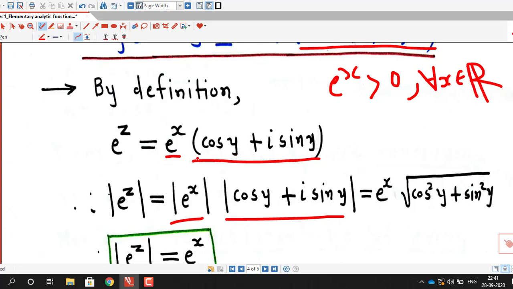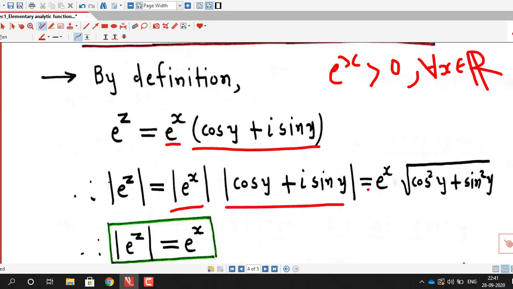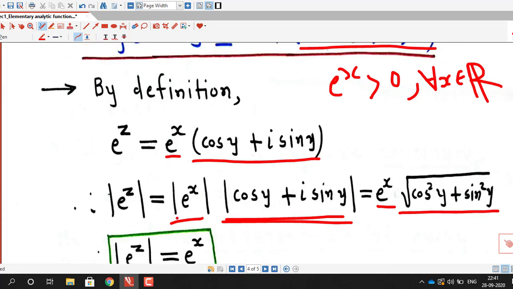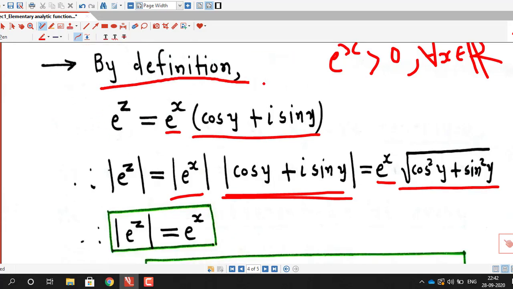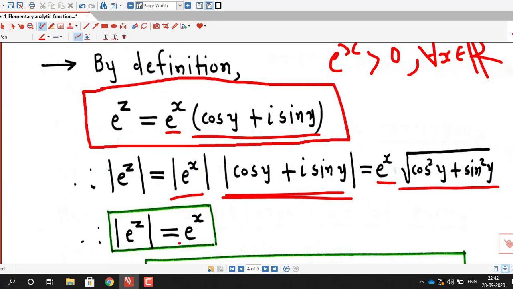So therefore absolute value of e raised to x is e raised to x, and absolute value of cos y plus i sin y is square root of cos square y plus sin square y, and because cos square plus sin square is 1, this is going to be 1. So therefore absolute value of e raised to z is e raised to x.